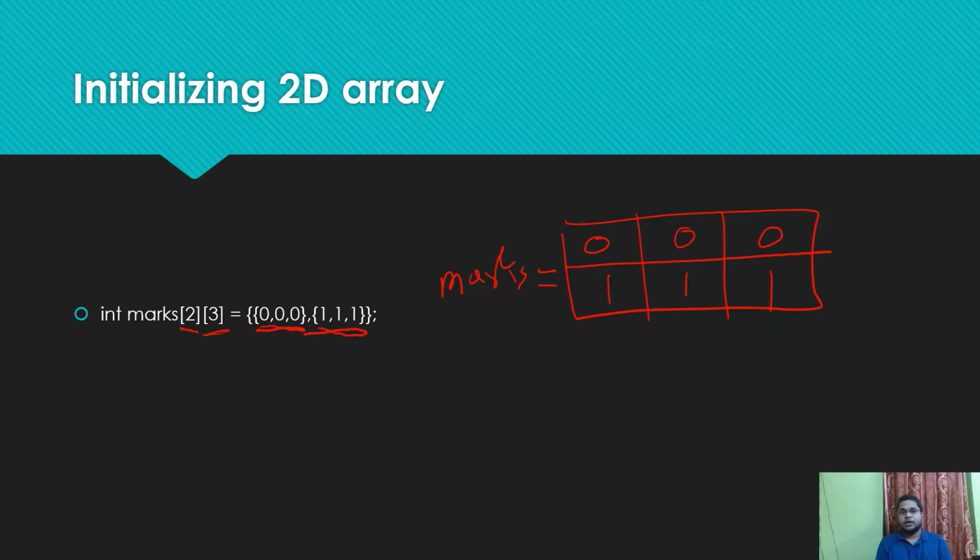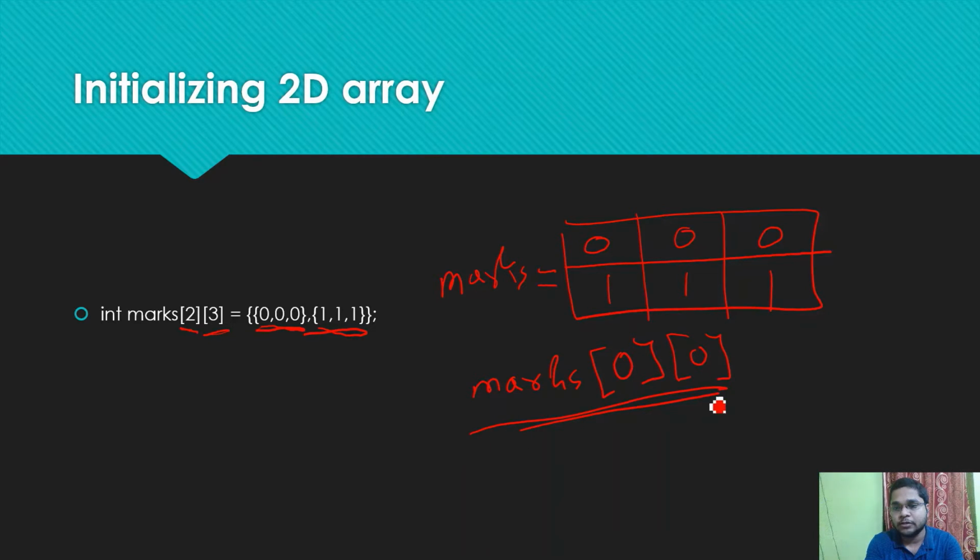Clear? If you want to access the first element, then marks of 0 and 0, so the value is retrieved, that is 0.